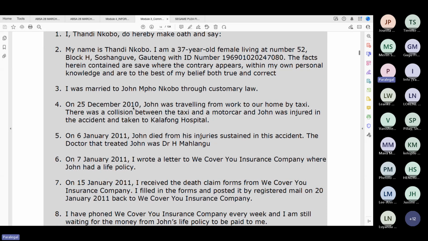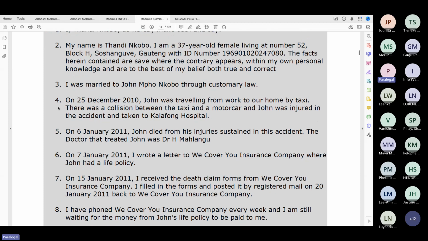For example, if you look at that affidavit on point 5, it says on 25 December 2010, John was traveling from work to our home by taxi. Now, that statement looks roundabout correct. But if it was the attorney writing that affidavit, they would have written what?